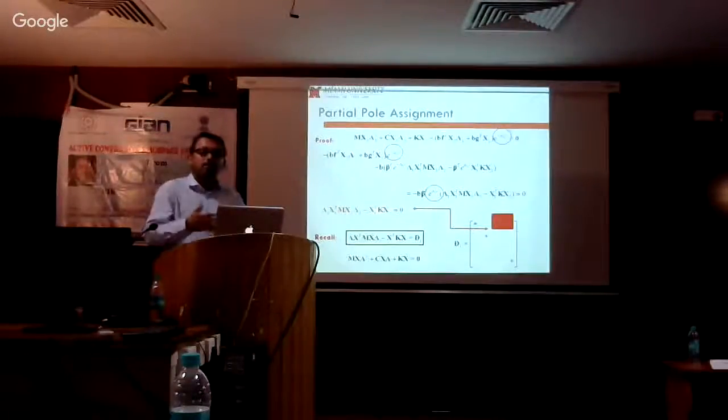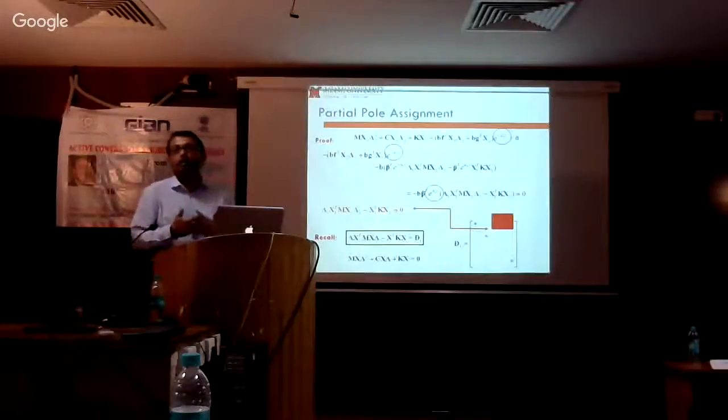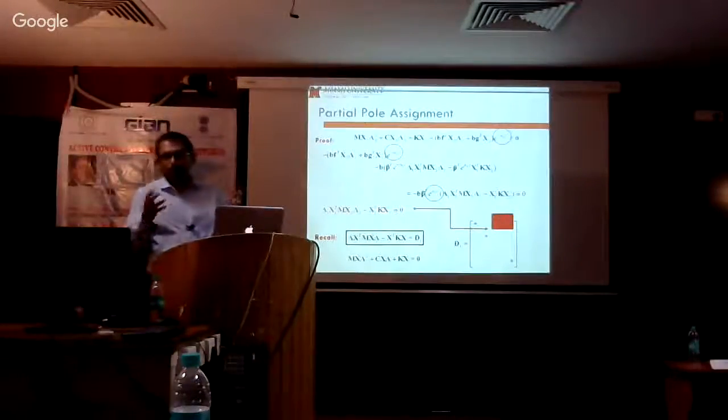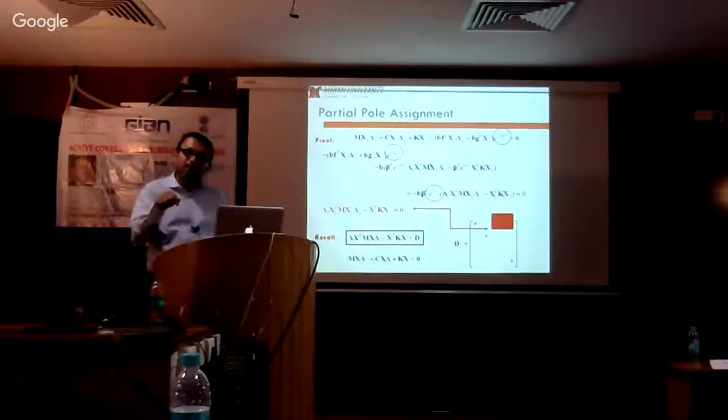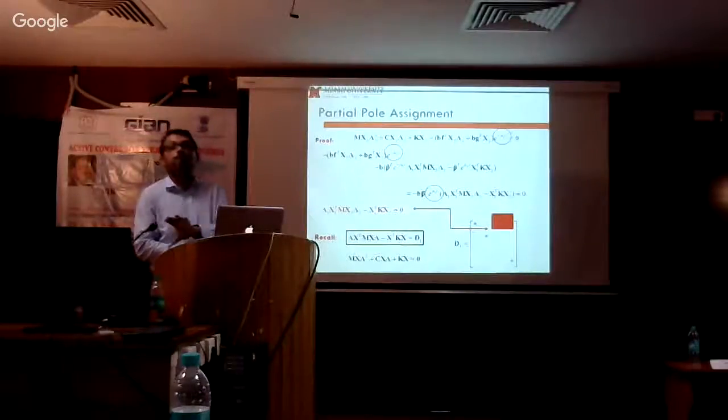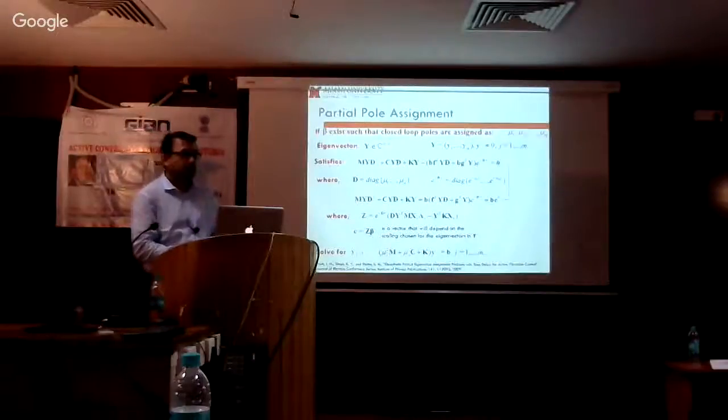Now the next point is that we know how to calculate the Q as an explicit form, but that is only valid when there is no delay. So Professor Datta in his earlier work has also shown a numerical method for the situation when you don't have an explicit solution. So we chose the same strategy.